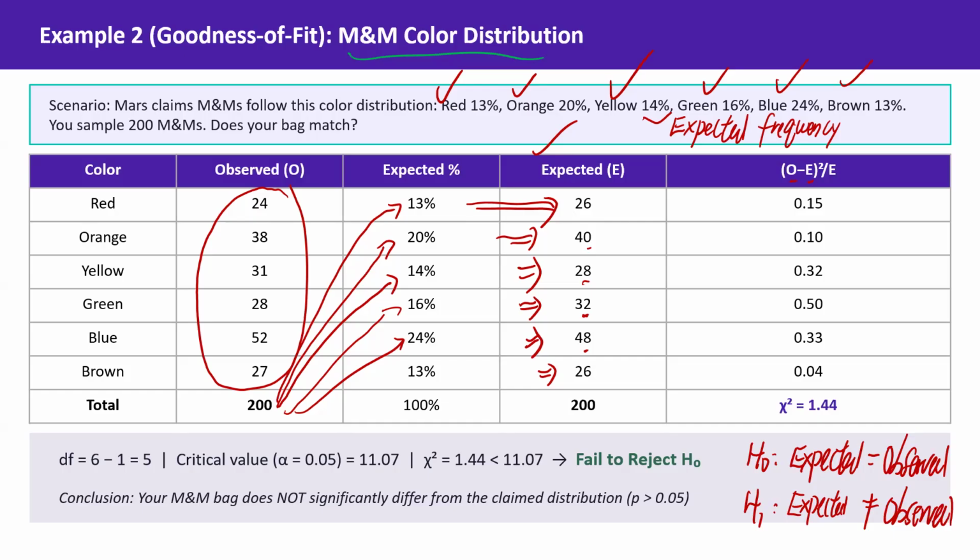Now the first calculation is going to be 24 minus 26, squared, over 26. Running the calculation, it's 0.15. The second one is going to be 38 minus 40, square that, and divide by 40.